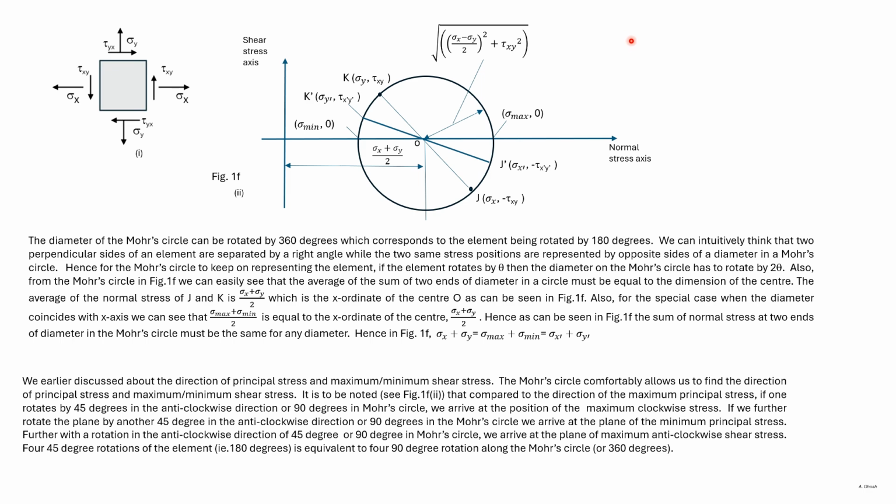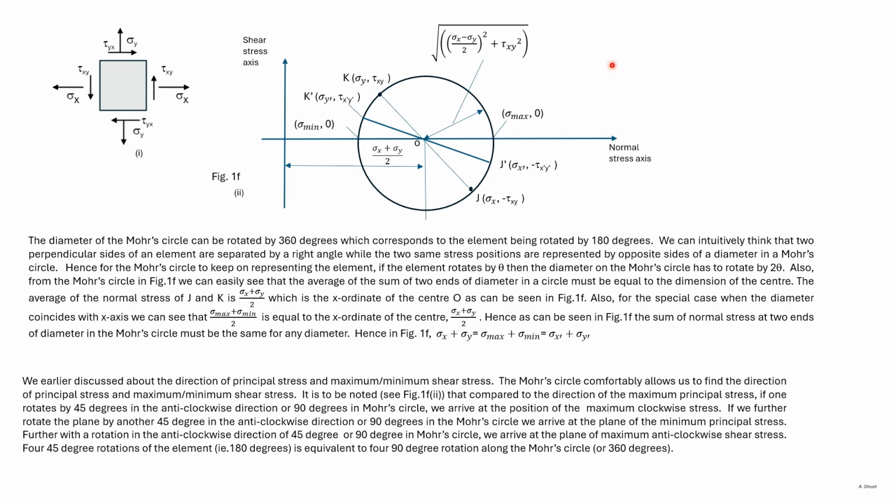With the element, we earlier discussed that if we rotate from the plane of minimum shear stress by 45 degrees, we reach the plane of minimum principal stress. With the Mohr circle, we see that if we rotate by 90 degrees counterclockwise from the plane of minimum principal stress, we reach the plane of minimum shear stress.